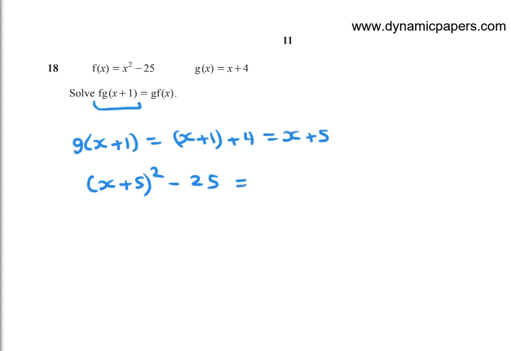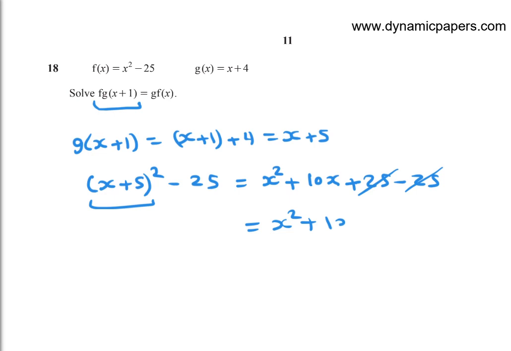We can expand (x plus 5), which will be x squared plus 2 times 5 times x, so 10x, and 5 times 5, so 25. Minus 25, so this cancels, so the answer is x squared plus 10x.